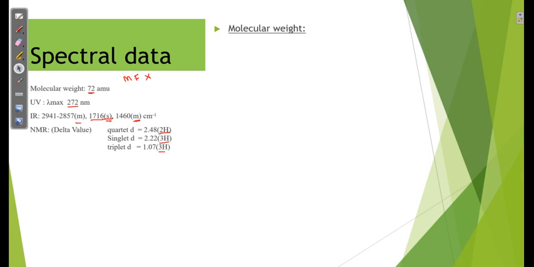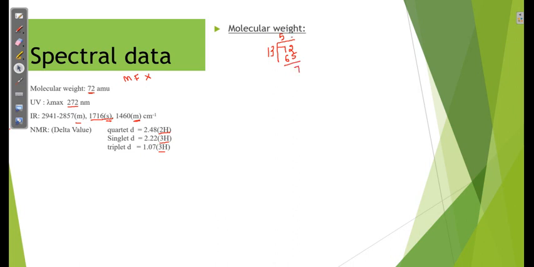Suppose the molecular weight is given as 72. So how do we calculate a molecular formula from this molecular weight? Based on the rule of 13, we divide 72 by 13. 13 fives are 65, then we are getting a remainder of 7.